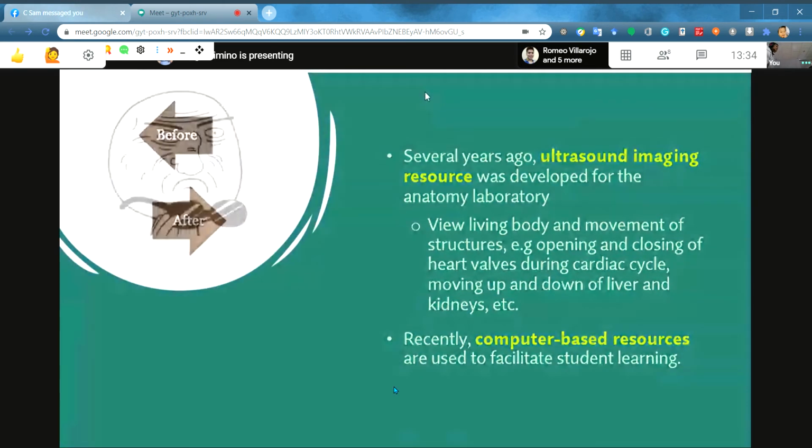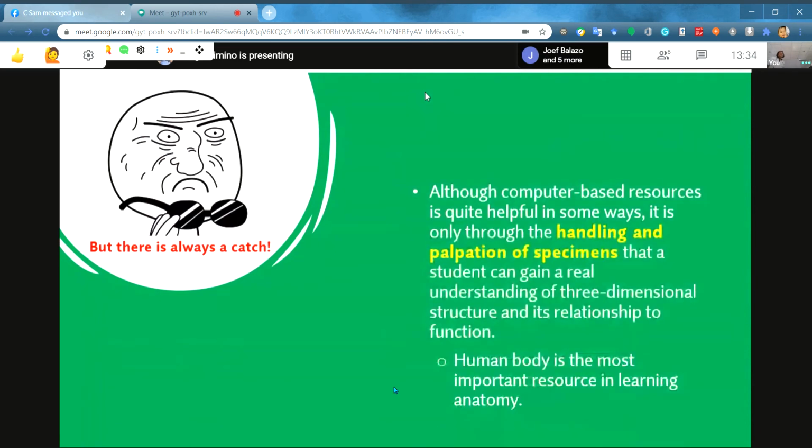But there's always a catch with regards to using computer-based resources. Although they are online, they are quite helpful in some ways.